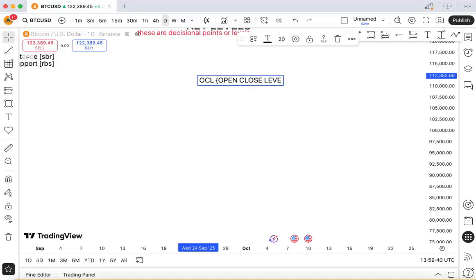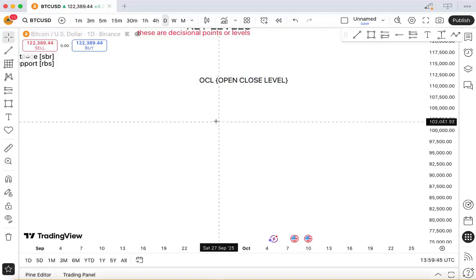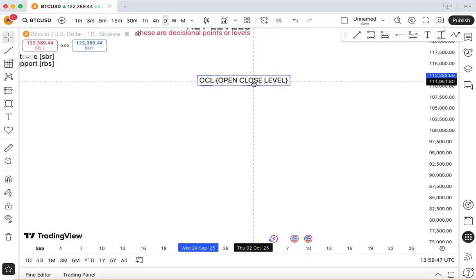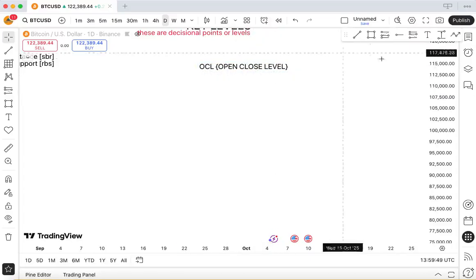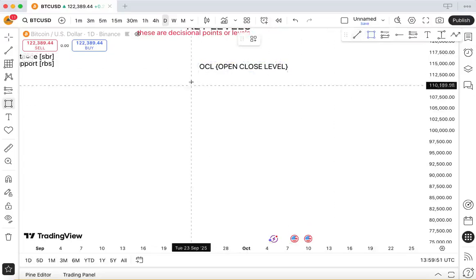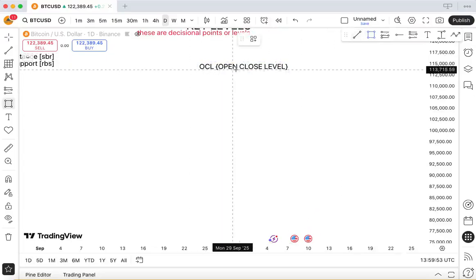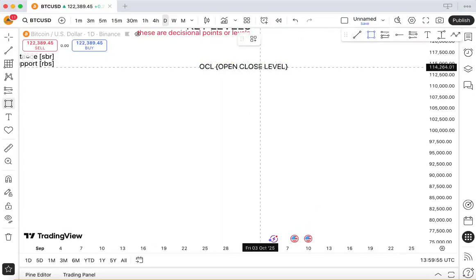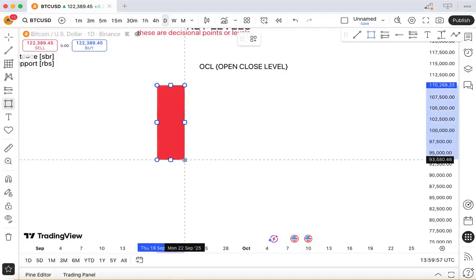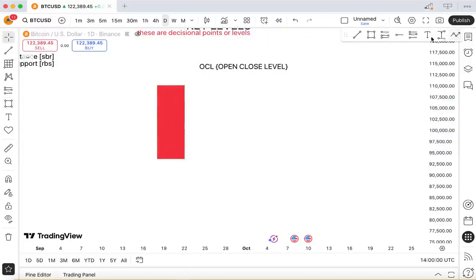Now one person will pop up and say, bro, these are hard. Okay, why are they hard? Didn't you go to school? You hear the word open, you hear the word close, you hear the word level, and you are saying it is hard.